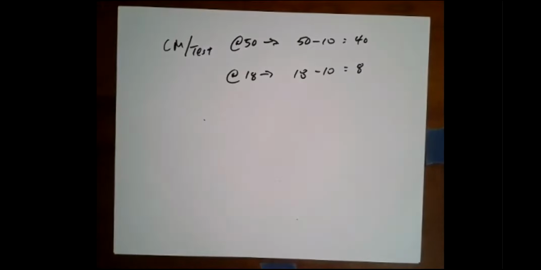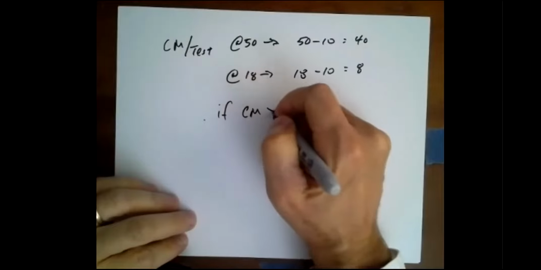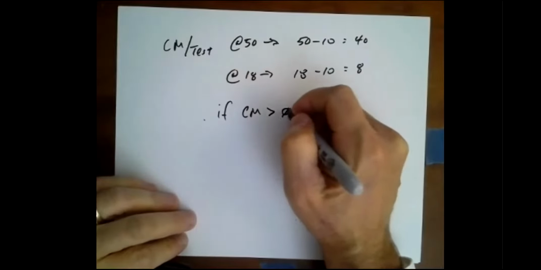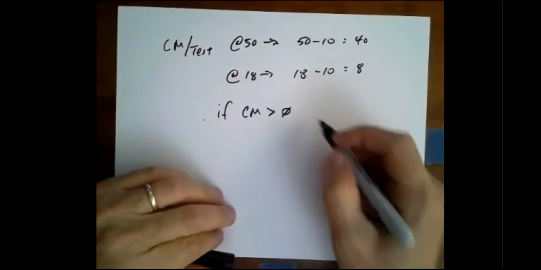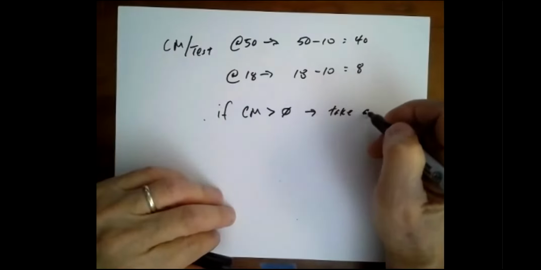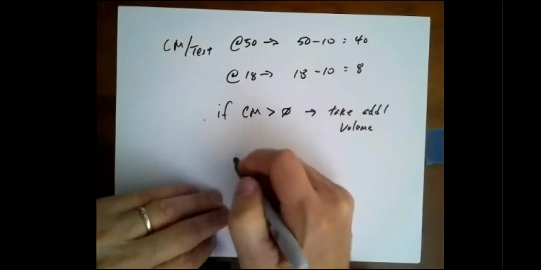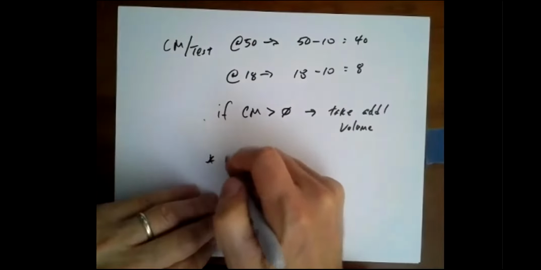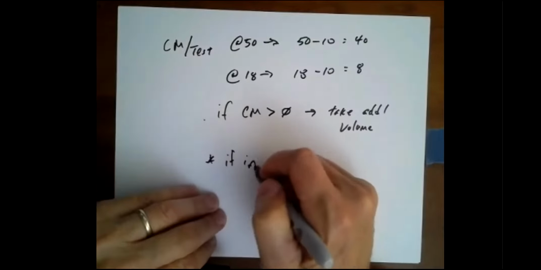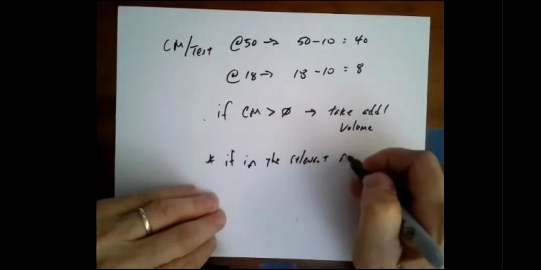But if my contribution margin is greater than 0, then I want to take the additional volume. With an important caveat: if in the relevant range.